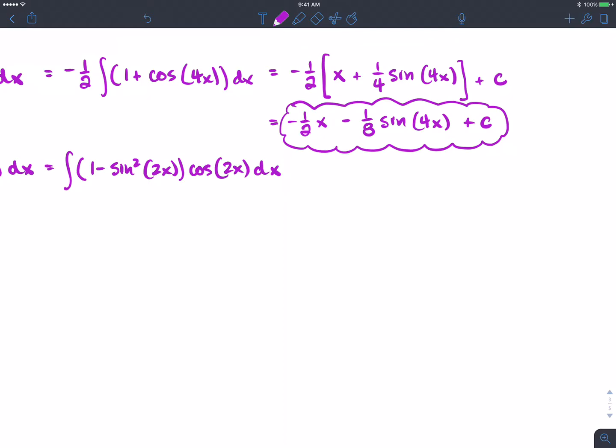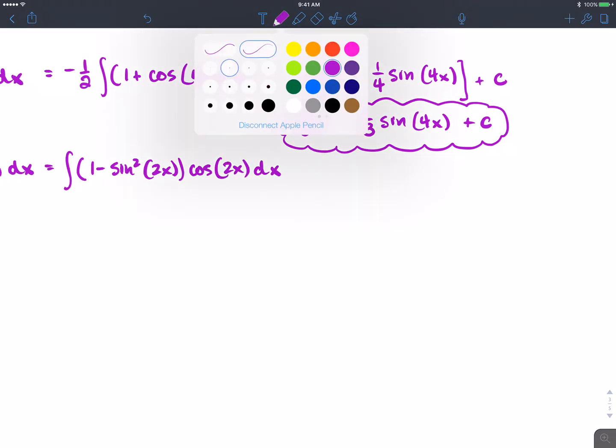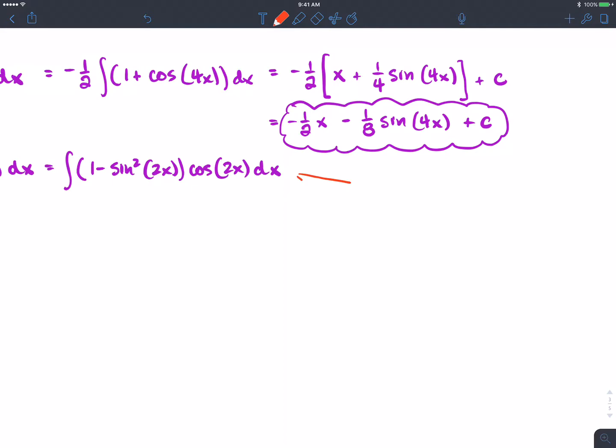And what we will do at this point is our u substitution. So we'll get this going off to the side. If we let u equal the sine of 2x, our du is going to be, now this is a chain rule, so the derivative of sine of 2x is 2 times the cosine of 2x dx, which yields 1/2 du is equal to the cosine of 2x dx.